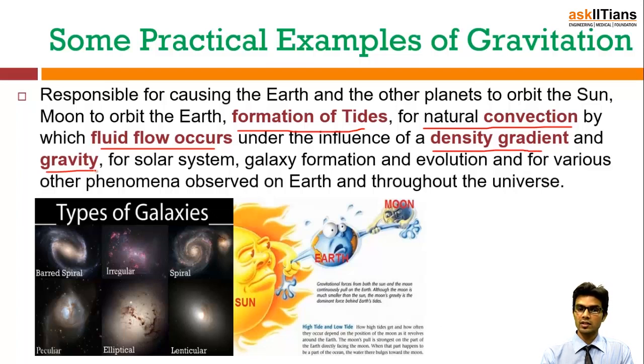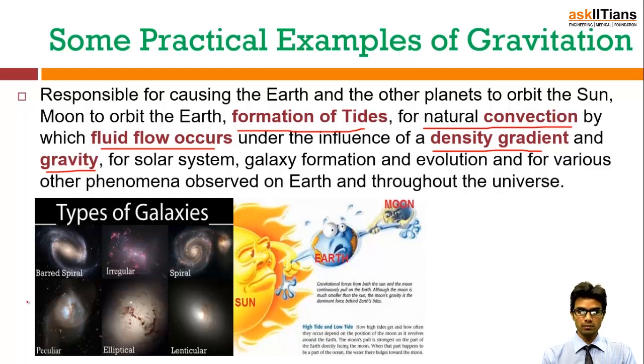Due to gravitation, all the planets orbit the Sun, and the Moon orbits the Earth. Gravitation is also the cause of formation of tides, of fluid flow by convection, of the formation of the solar system, galaxy formation and evolution, and the various other phenomena observed on the Earth and throughout the universe.